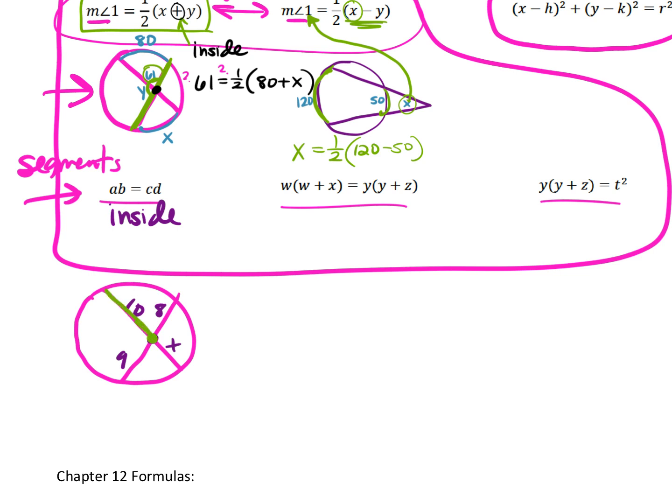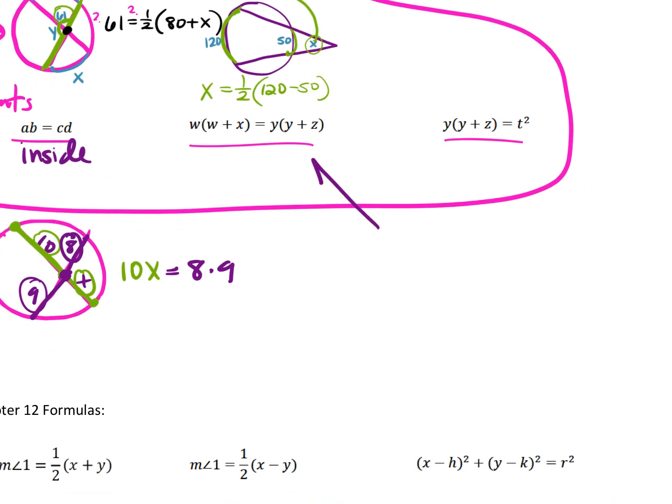So from the point to the circle is a length of 10. And then from the point to the other side of the circle is a length of X. So 10 times X. And you set that equal to, from the point to the circle is 8. And from the point to the other side of the circle is 9. So 10 times X equals 8 times 9. And then you solve for X.